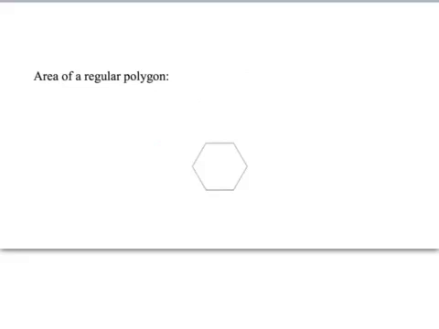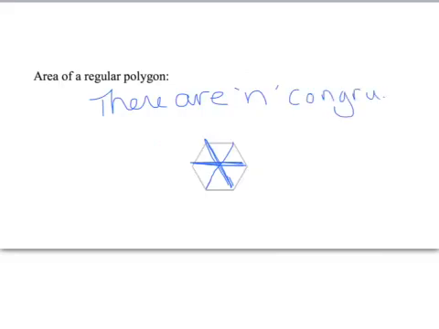And what they really come from is the way that when you draw the diagonals, you end up with n congruent triangles in a regular polygon.